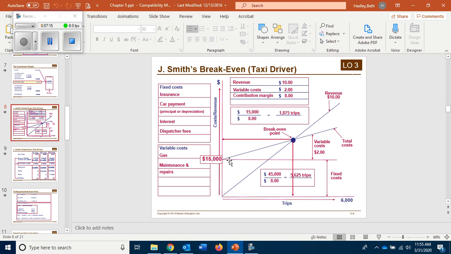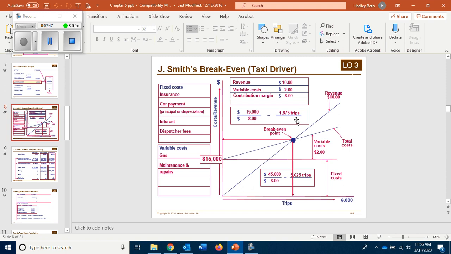So how many trips do we have to make to cover our $15,000 fixed costs? Look, you take 15,000 divided by $8, and that means that we have to have 1,875 trips, or fares, if that word is used now.